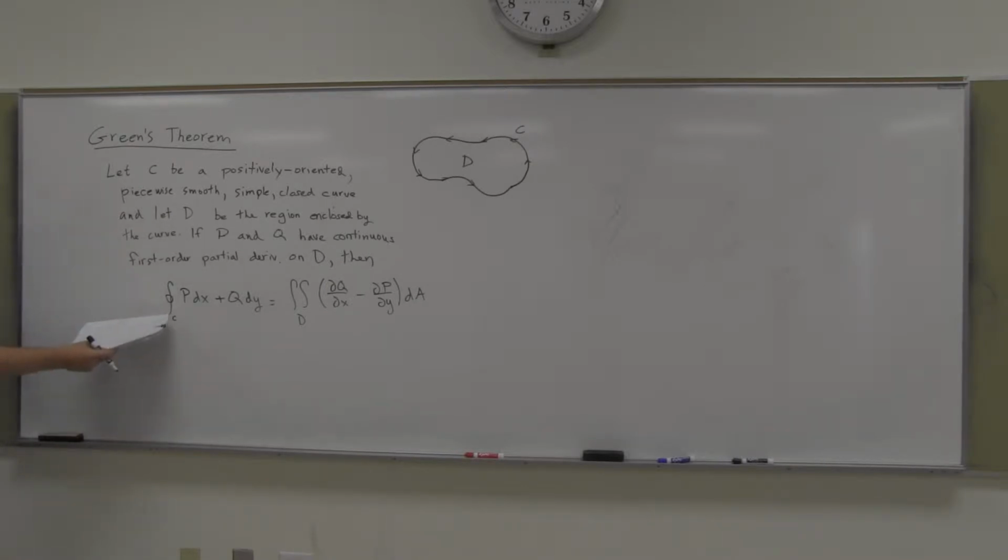So we're doing a line integral over C, and it's P dx plus Q dy, some of the same sort of integrals we saw. But this little symbol right here means that it's satisfying the premises of Green's theorem.